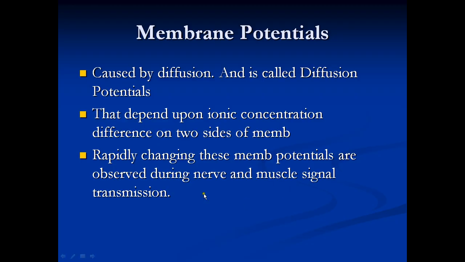Membrane potentials are caused by diffusion. That's why they are called diffusion potentials. That depends upon the ionic concentration difference on two sides of the membrane. Rapidly changing membrane potentials are observed during nerve and muscle transmission.